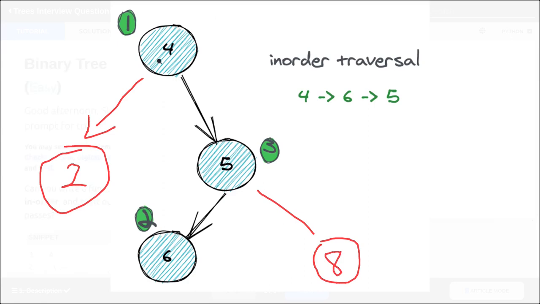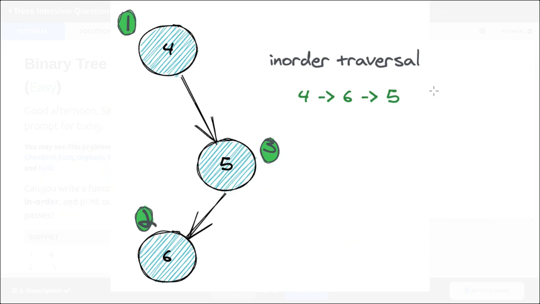So let me say we have this binary tree. We're going to visit 2, then 4, then 6, then 5, then lastly we'll visit 8. Okay, so that is how binary tree works.